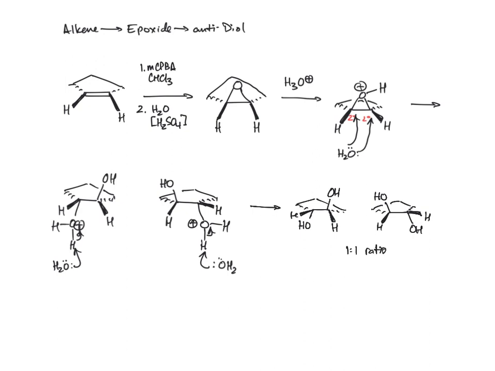So this would be a racemic mixture. And if we were to take this mixture and put it in a polarimeter, the specific rotation would be 0, because whatever direction this rotates the plane polarized light, this rotates at the opposite direction. So they essentially cancel each other out.